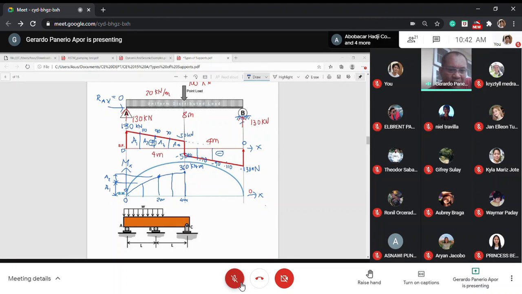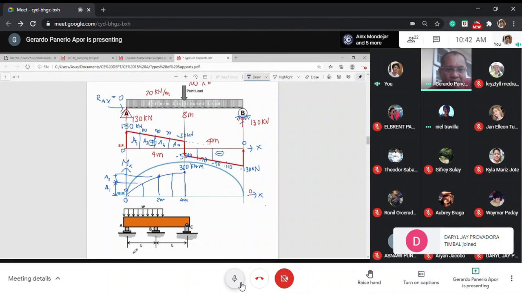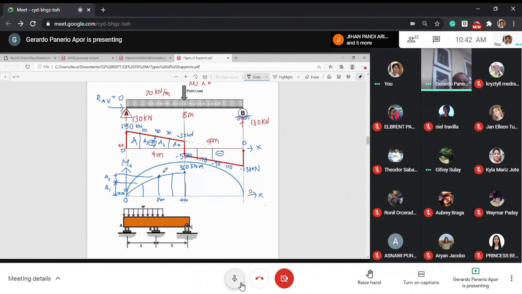What is the value of the shear at the start? 130. So the average of 130 and 90 is 110. Then what is the distance from here to here? 2 meters, sir. So what is 110 times 2? 220, sir. So this is 220 kilonewton meter.